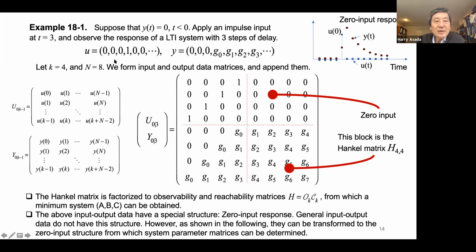We think about the situation where the output y_t is kept at 0 for negative t, and apply an impulse input at time t equals 3, and then observe the response of a linear time-invariant system with the three time steps delay. So the input is 0, 0, 0, and then at t equals 3, we just put in a 1, boom, and after that it's quiet, or 0.